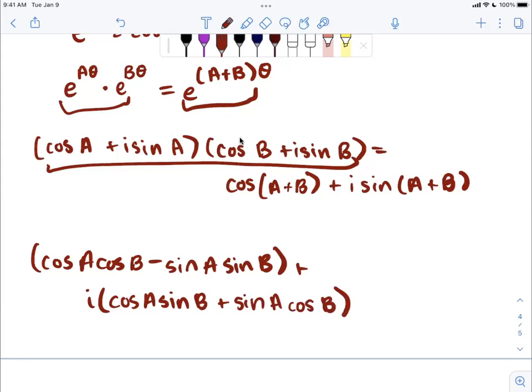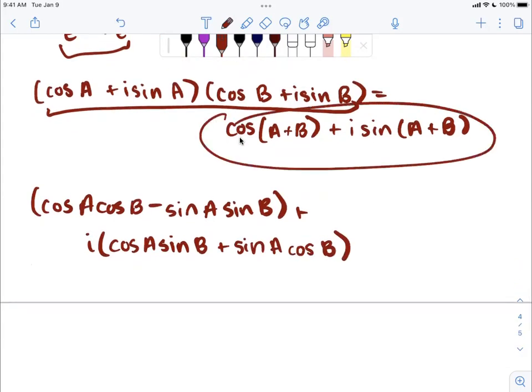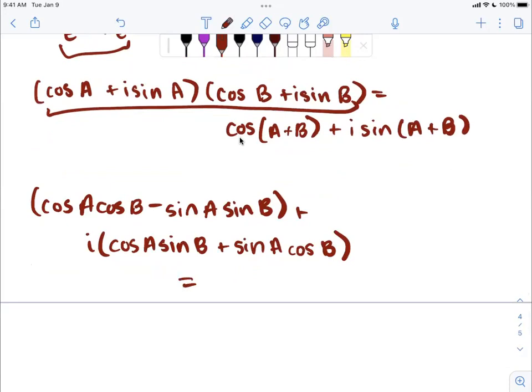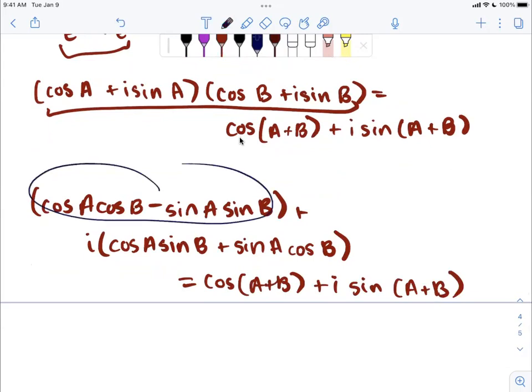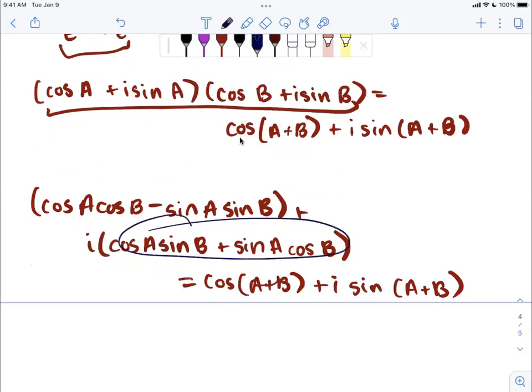That's going to be equal to this over here, so that's cosine (a plus b) plus i sine (a plus b). And then you can set these equal, and you get that cosine (a plus b) is equal to that, and sine (a plus b) is equal to that. And you can always add negative signs where you need to. So that's just another helpful way. If that didn't make sense, don't worry about it. You don't need to know this, but it might be easier for you.